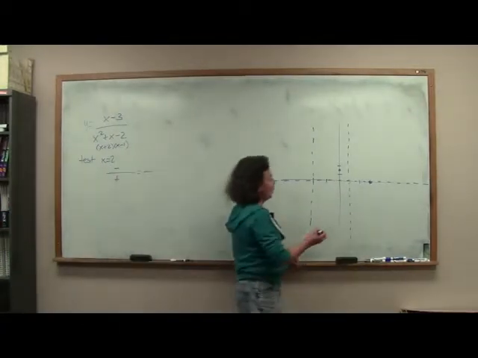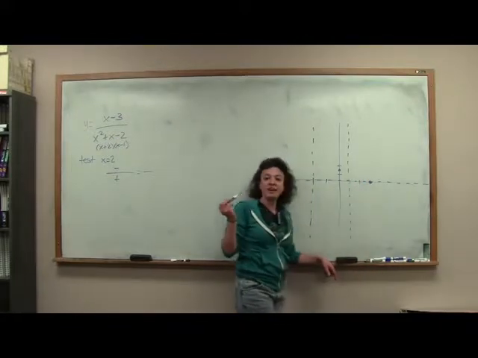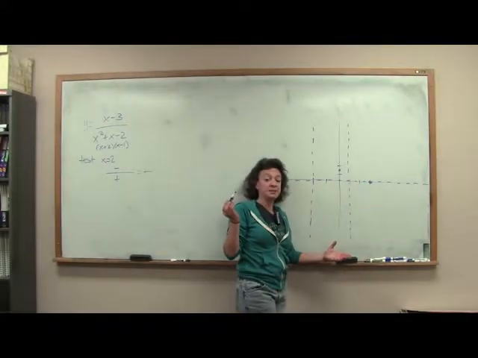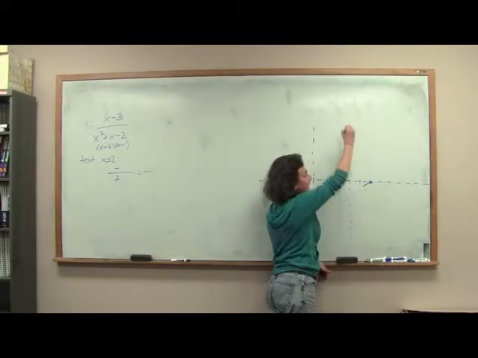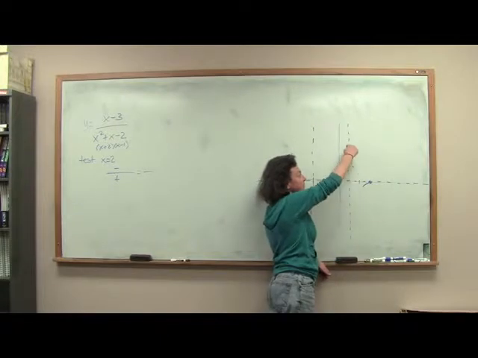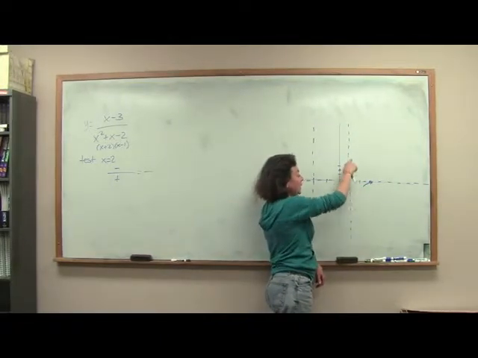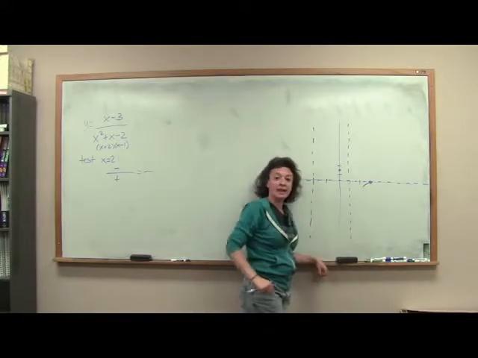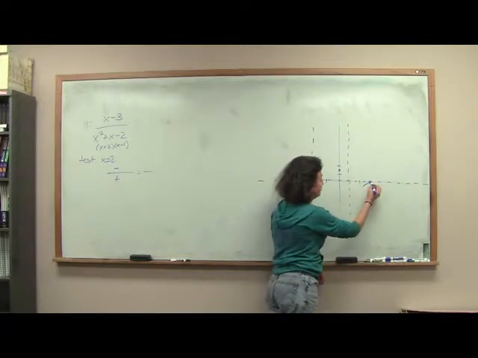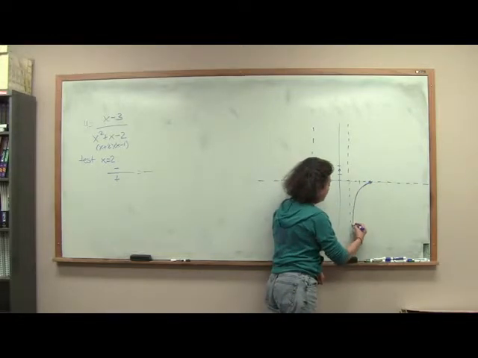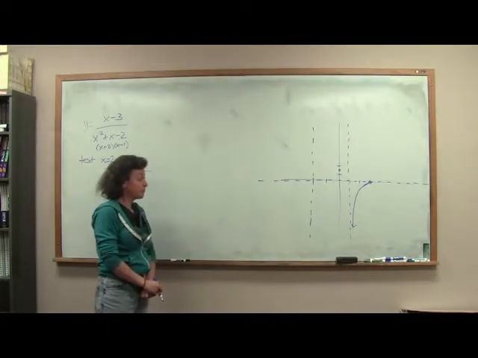So, all I know is when x is equal to 2, I've got some negative value here. I claim that tells me what has to happen, right? If it's negative, I can't shoot up to positive infinity as I approach this vertical asymptote, because then I'd cross my x-axis again and I'd have another x-intercept. But I only have one x-intercept. So, because I found it's negative, I know that I'm going to shoot down.